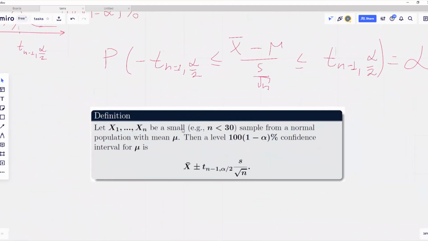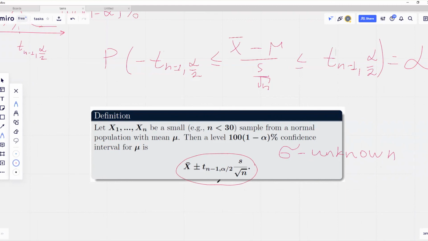In the case when our sample is small, comes from a normal distribution with mean mu, and sigma is unknown, then we build our confidence interval around the point estimate using critical values that correspond to percentiles of student t distribution.